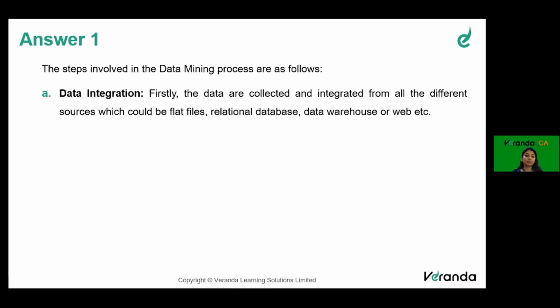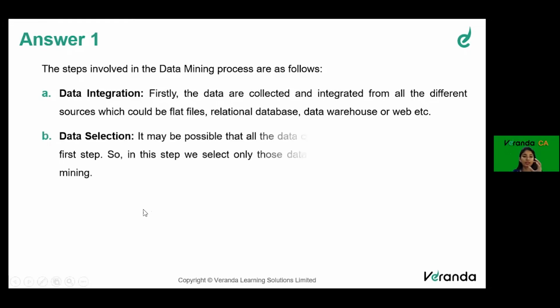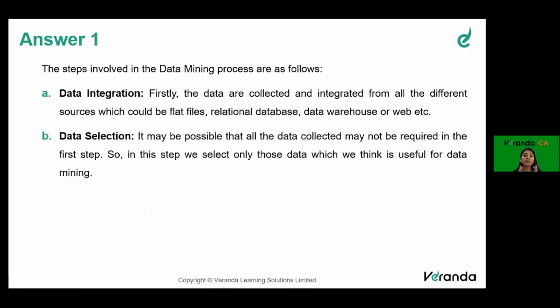Next point. Once you integrate all this data, you select what it is that you need and you omit what you do not require. So for example, the information that Mansi has collected also has a certain field saying whether the child has opted for home lunch or school lunch, whether the child eats in the canteen at the school or gets home food.